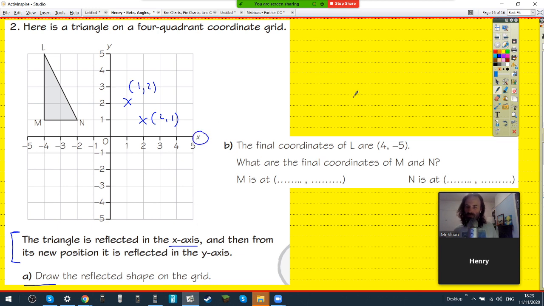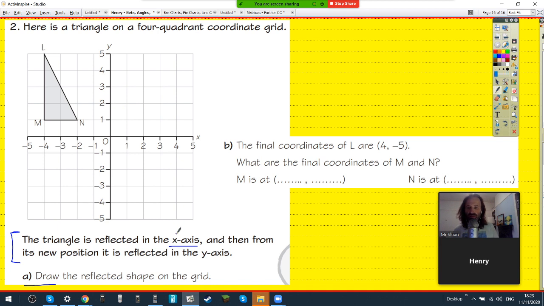M is 4, 1. That would be reflection in the y-axis. We want reflection in the x-axis. Oh, hang on, there's 2. It happens twice, does it? Sorry, this is a double reflection.